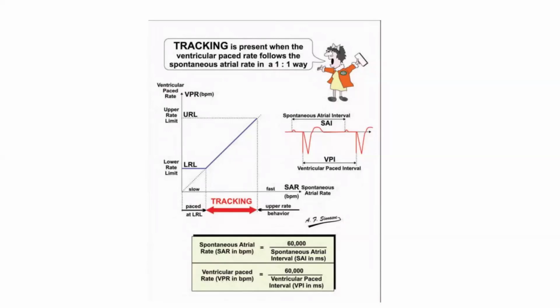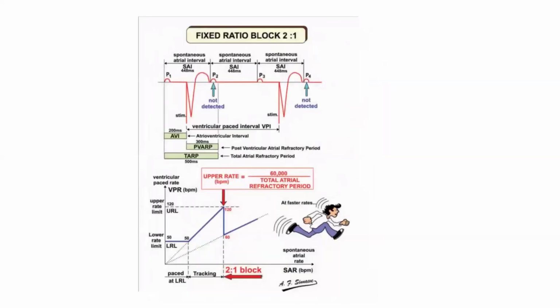But if the rate of the sinus node gets over 120, like 160 or 140, the pacemaker will sense one P wave and get a QRS complex, and the next P wave will not be felt. And here I will go into what I call a 2-to-1 heart block. Like this example here, I have this P wave conducted to a QRS complex by the AV delay, and this is the PVARP.